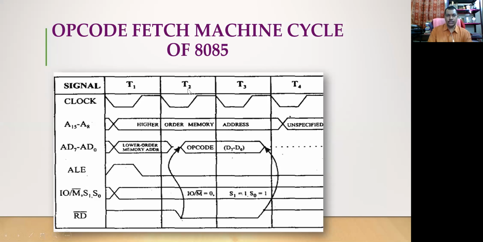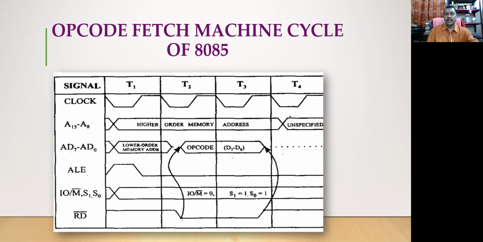If you see what happens in T2, the lower order address bus is now released, and these 8 lines are now used to transfer the data. This is used for the opcode. Address latch enable is now low, which implies that the address is latched.